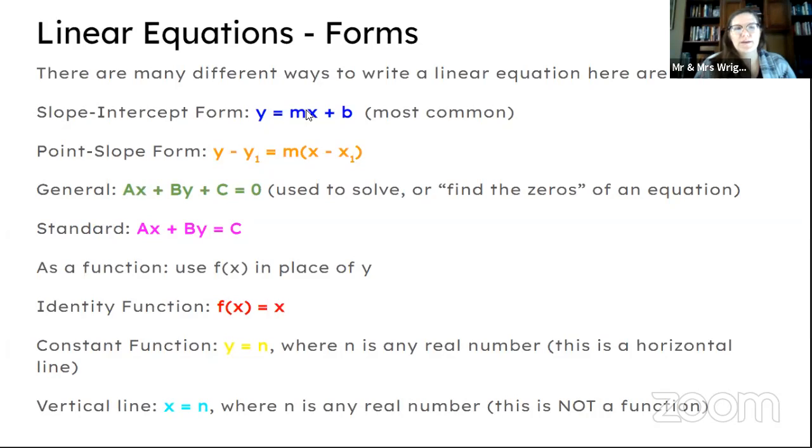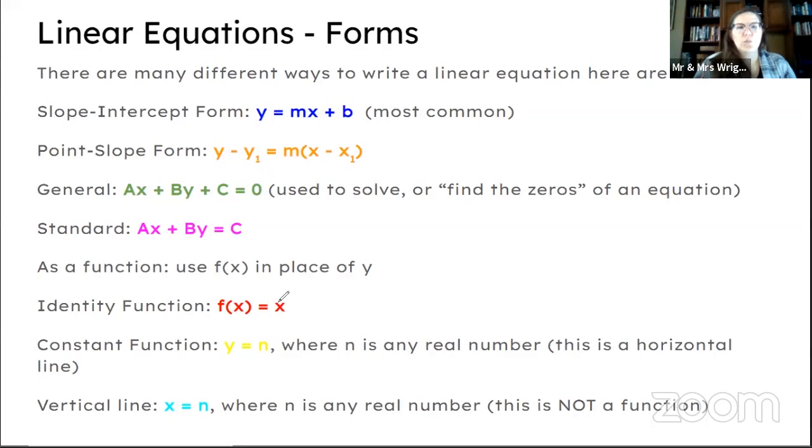There's the identity function where f(x) equals x, or that is when y equals x, and that's going to look like a diagonal line. y(n) is a constant function when n is any real number.